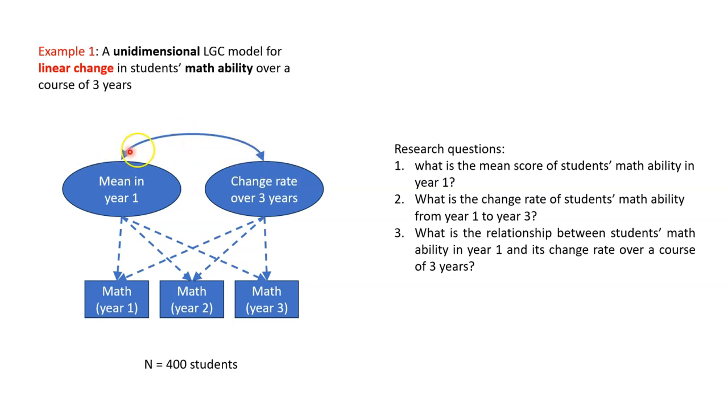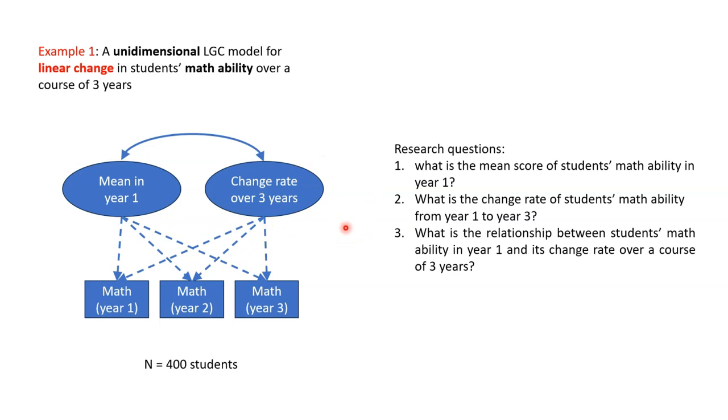Because by studying this relationship, we can study whether there is a relationship between the mean value of math ability of the students at the starting point of the assessment and the change rate of math ability of the students over a course of 3 years. So these are the 3 research questions that can be answered using this simple model.